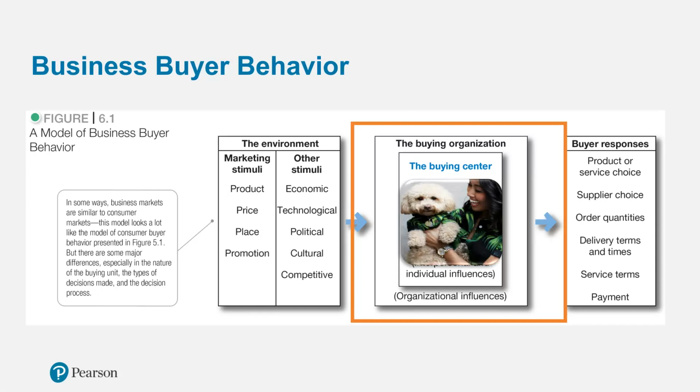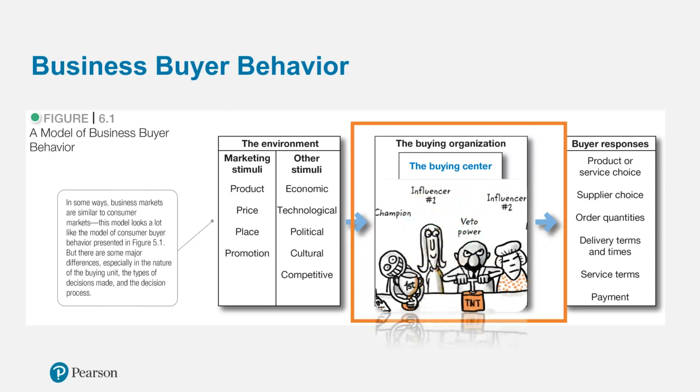So Patty, or a large organization, which could have a lot more influencers and people that are making that business buying decision, usually have the environment that's impacting them in their decision making process. That's very similar to the consumer, which is the 4 P's, such as product, price, place, and promotion. Other stimuli are the macro and microeconomic factors, such as economic, technological, political, cultural, and competitive.